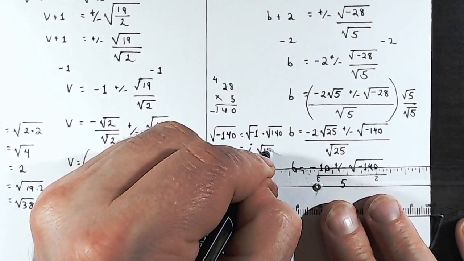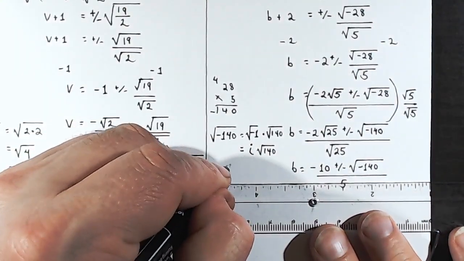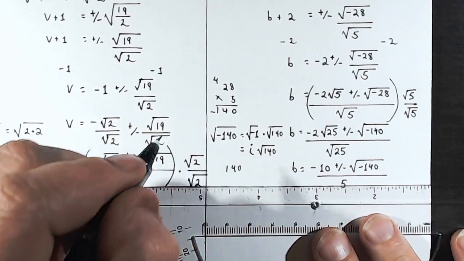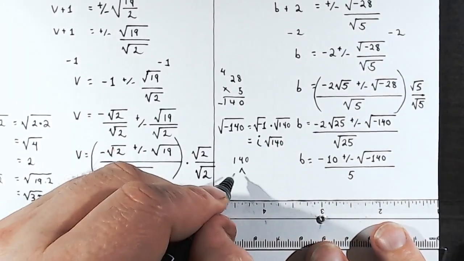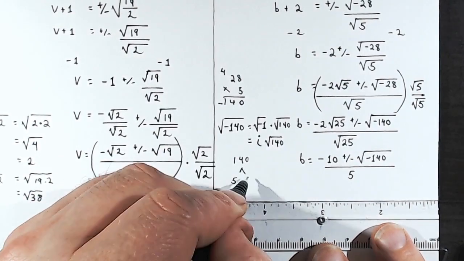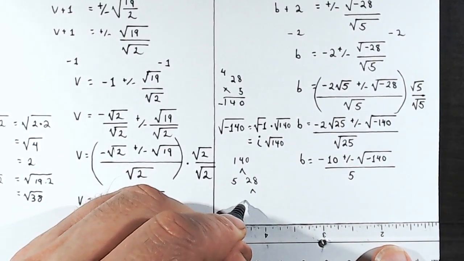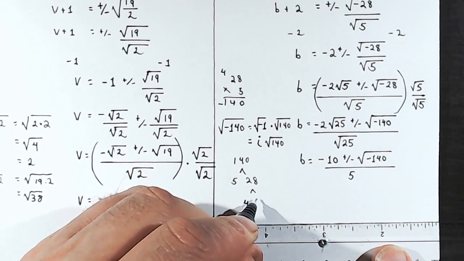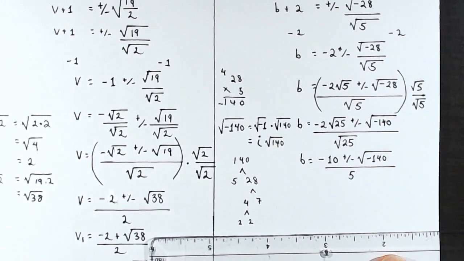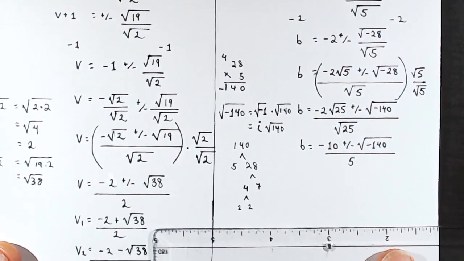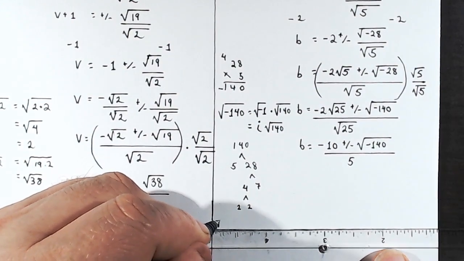But we're going to be able to simplify that square root by prime factoring 140. So 140, I already know it's 28 times 5. Let me show what I mean by prime factor. I'll do 5 here times 28. And that reduces down to 4 times 7. And then that's 2 times 2. Okay. So I can rewrite the square root of 140.